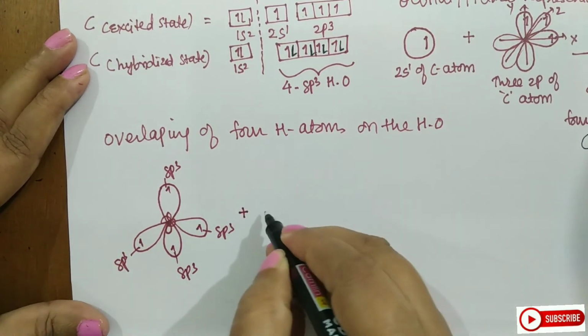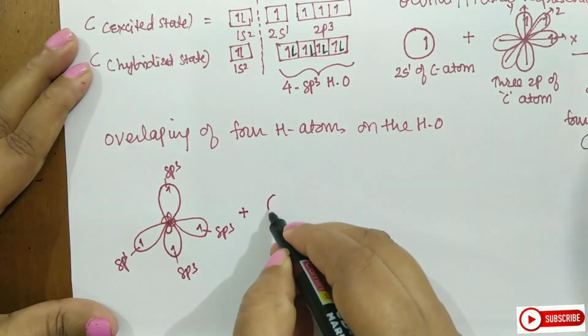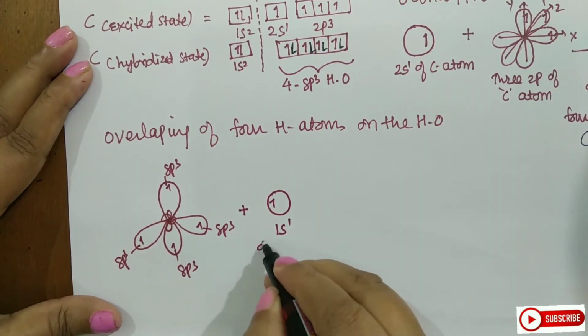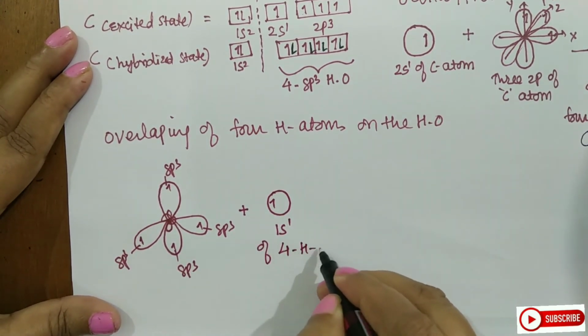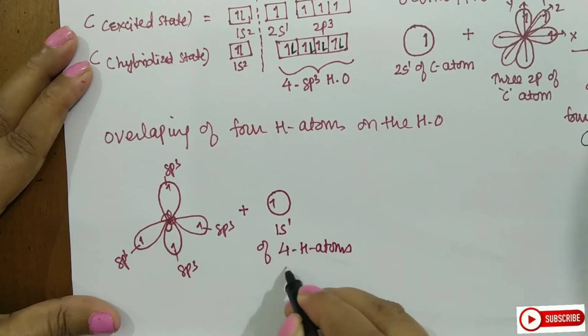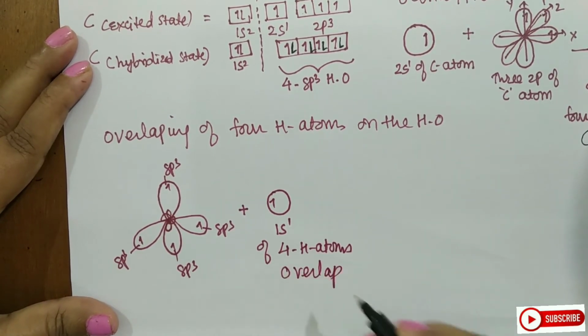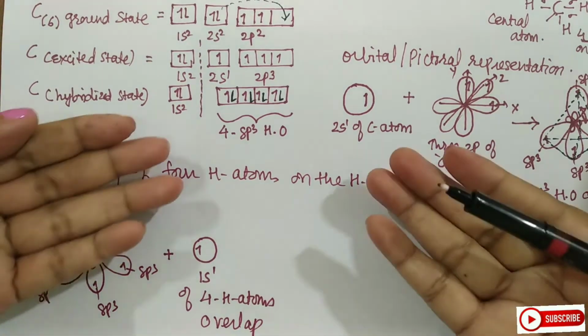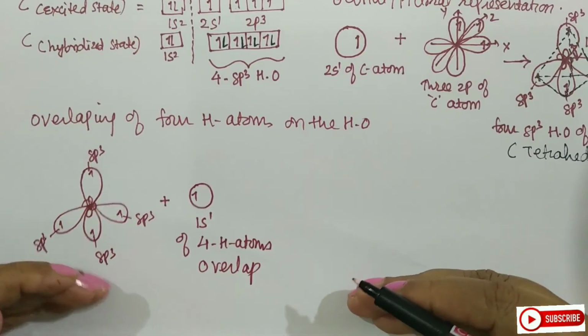Now the 1s1 of 4 hydrogen atoms will overlap. Students, up to this, the process is hybridization, and after this, the process is overlapping.